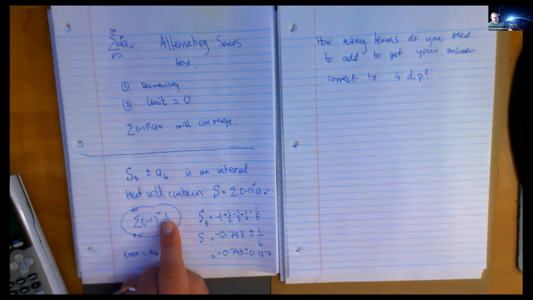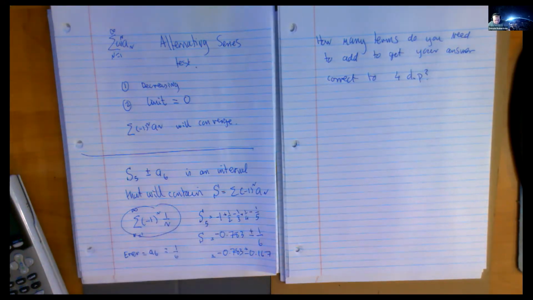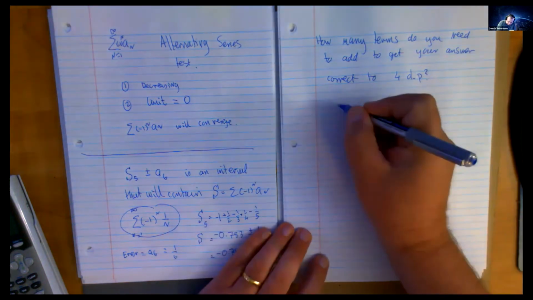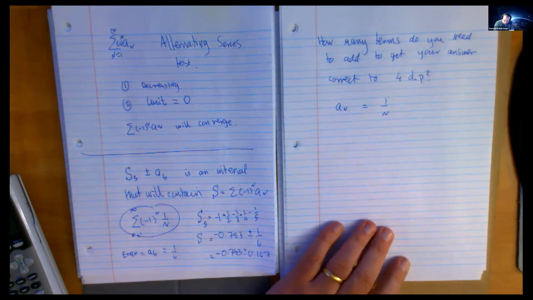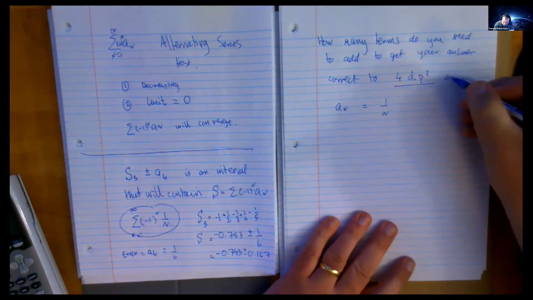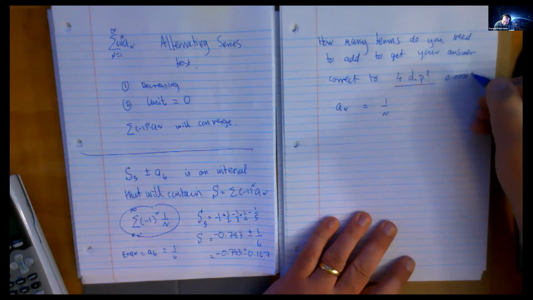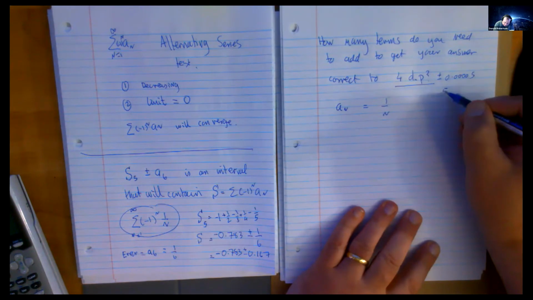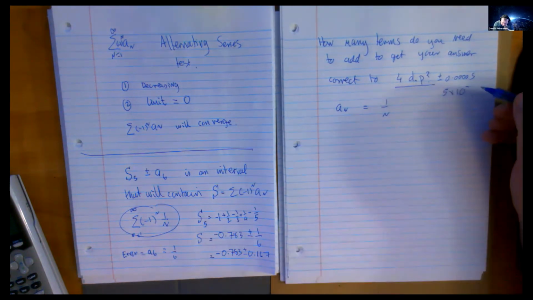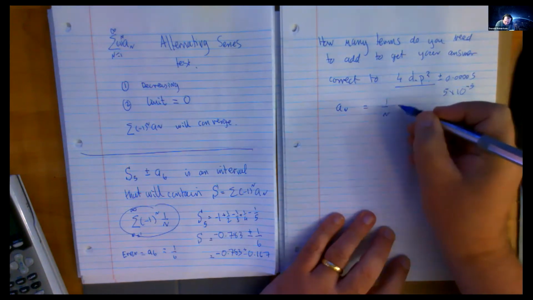So imagine you've proved it converges, and you'd like to know how many terms I need to add up so that the answer I get is accurate to the real value to 4 decimal places. Well, isn't a_n just 1 over n? If you want 4 decimal places, you're basically talking about that guy. Remember, if you want to round off, you have to go to the next place and stick in a 5, because 5 rounds up. So in other words, you're looking at 5 times 10 to the negative 5. So you just solve this problem.